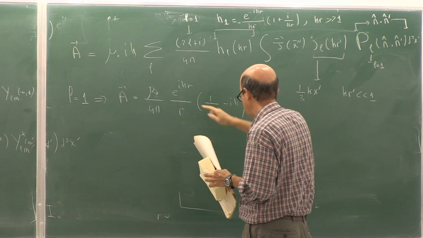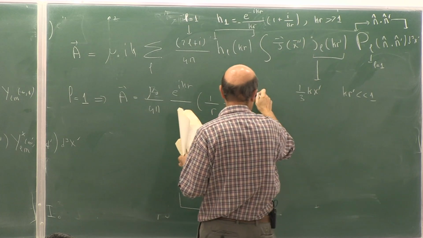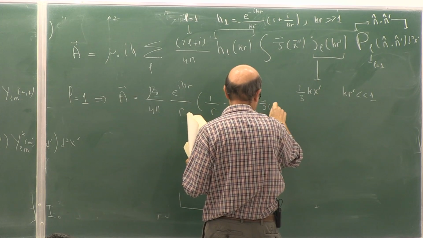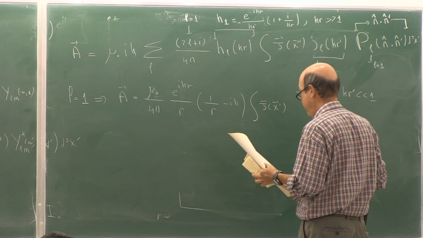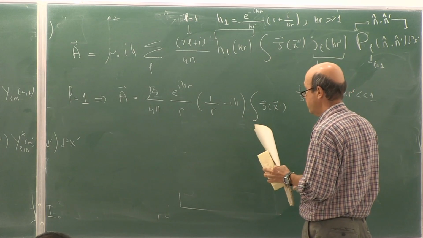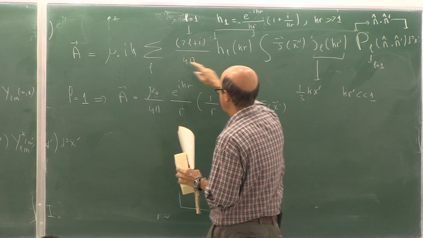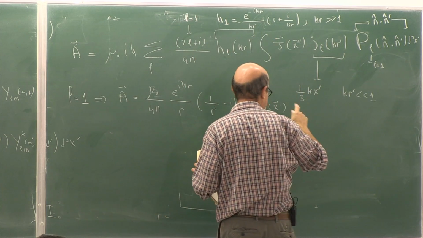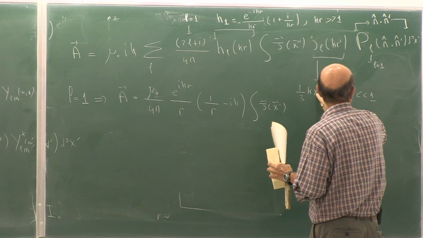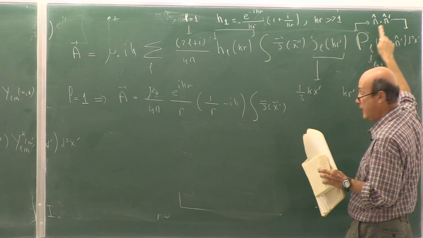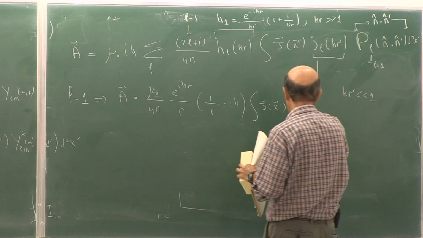So if you arrange terms, you will get this. And the other term, the current density here, you have k. So one of the k's will be cancelled. You have the k squared here and 1 over k, that will be cancelled. So don't worry about this. And you have x prime n hat, x prime n hat is the x vector. So basically you will get this.